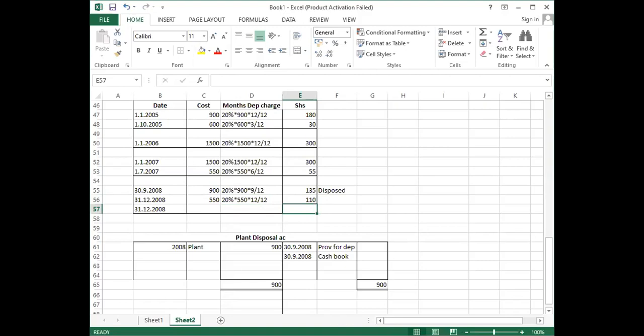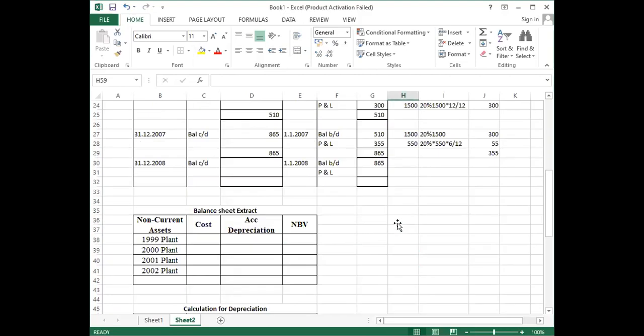Oh my, where did that 9 months come from? What is the last information that you have here? In year 2008, what have you been told? That we sold a plant that we had bought on January 1st, but we sold it on September 30th, 2008.